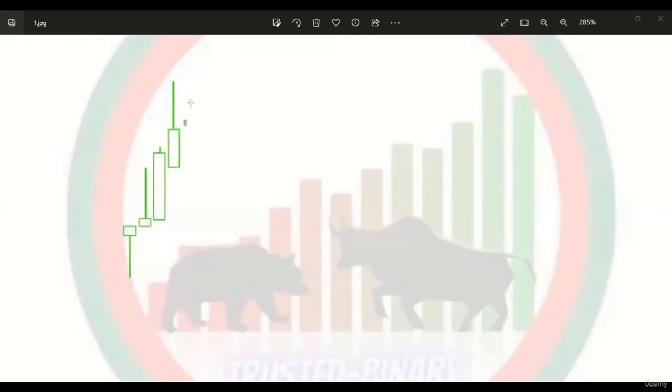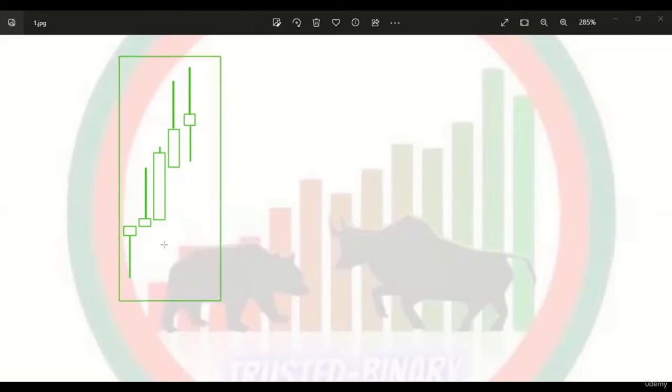Another candlestick, this one, and the rejection is this one. That is the sign of an abnormal market. So when we see that type of market, we just have to go out of the market. No need to analyze.